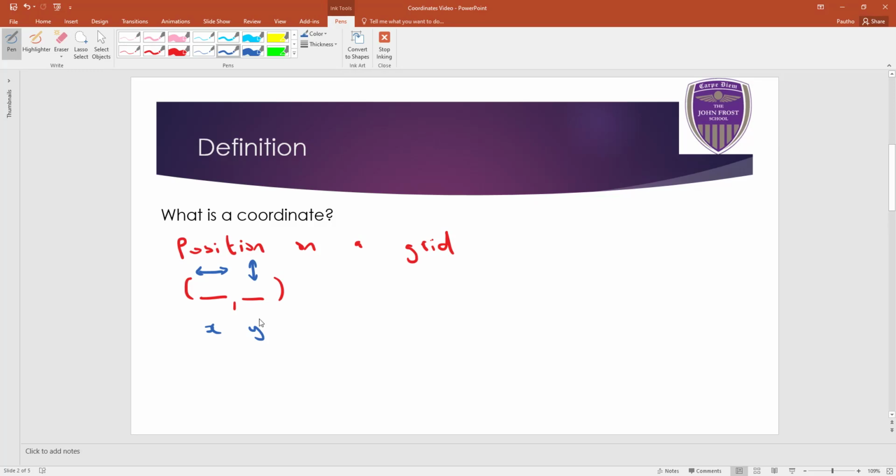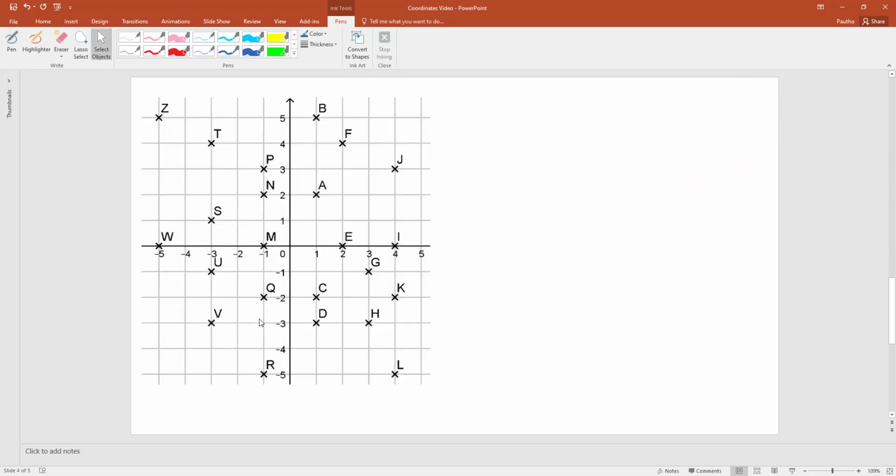Okay, so here we go. Look, I've got lots of points on a grid here. And it's my fault, I chopped this image off a bit short. On a coordinate grid, you'll always have these two important lines. One's horizontal, one's vertical.